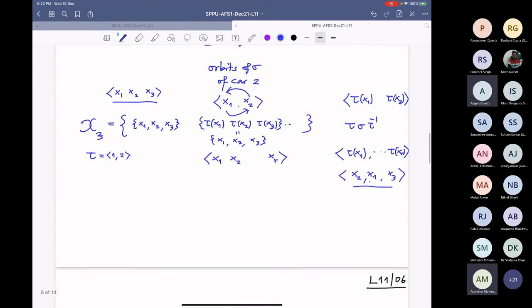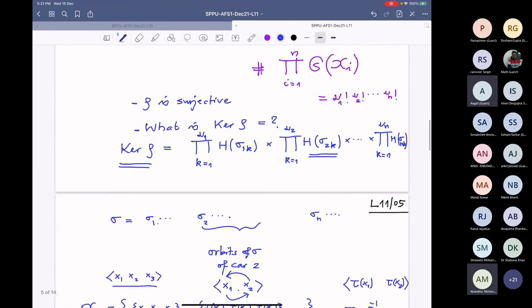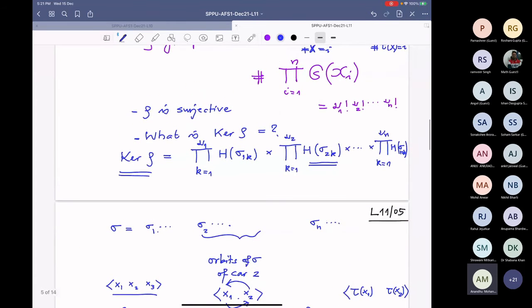Suppose you have checked that, then I know the cardinality of this kernel. Let us compute the cardinality of the kernel. Let us call this subgroup H. It is a product, so let us write it as H1 cross H2 cross Hn.